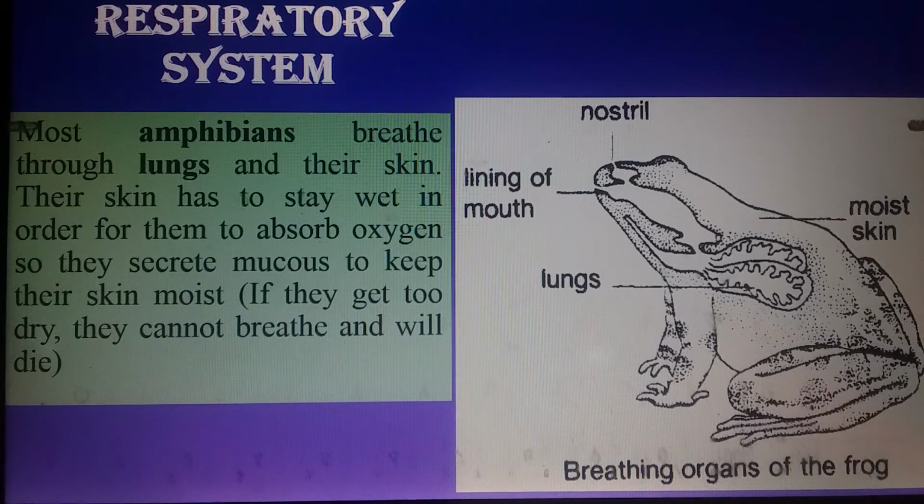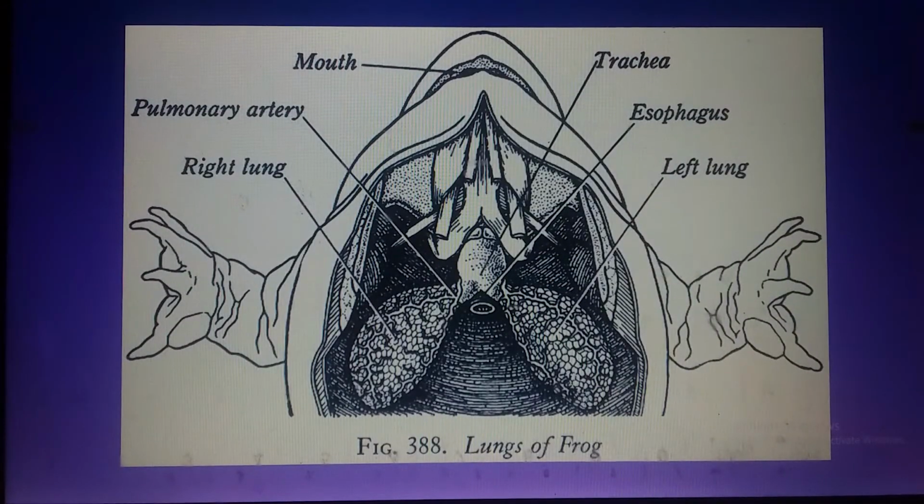Now, they use their skin during the hibernation or aestivation periods, meaning winter sleep and summer sleep. When they are underground, they use mostly their skin, because skin is in touch with the carbon dioxide and oxygen, and exchange takes place easily. Okay, now you can see here the lungs, balloon shaped right and left lungs, pulmonary artery, they have trachea, you can see here.